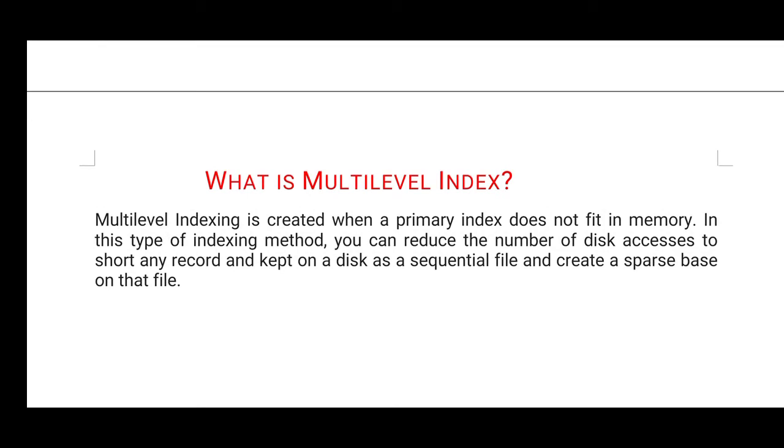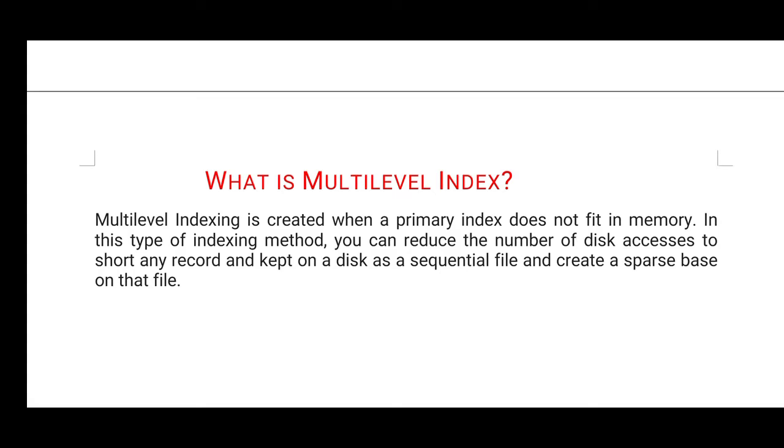What is multi-level indexing? Here we have seen the indexing types: primary indexing, secondary indexing and clustering. Multi-level indexing is created when a primary index does not fit in memory.